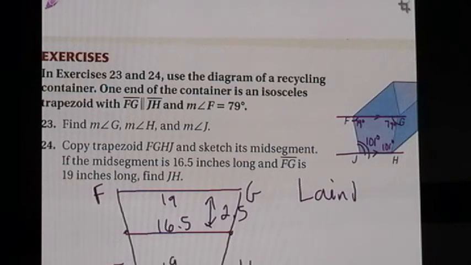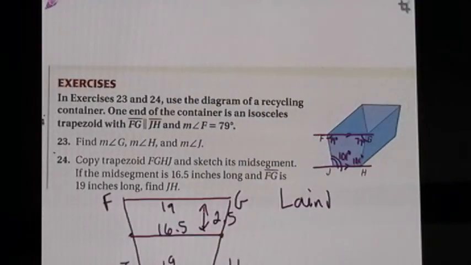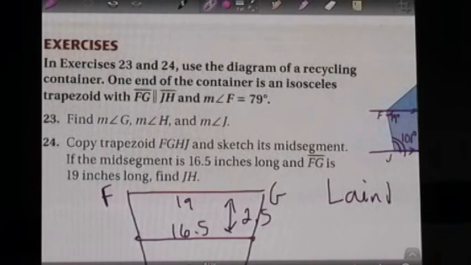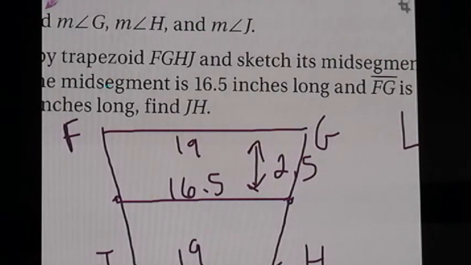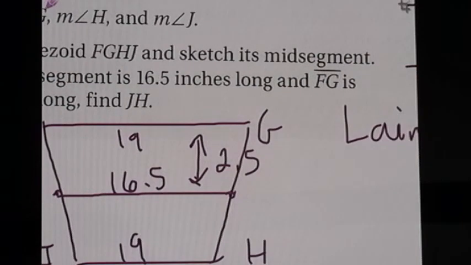Now I know there'll be those of you who want to know how to do this algebraically. To do that, what you're going to do is say FG plus JH divided by 2 is 16.5. So we know FG, that's 19, plus JH divided by 2. We know this because we have a theorem written on the theorem list that says that the mid-segment is the average of the two bases.